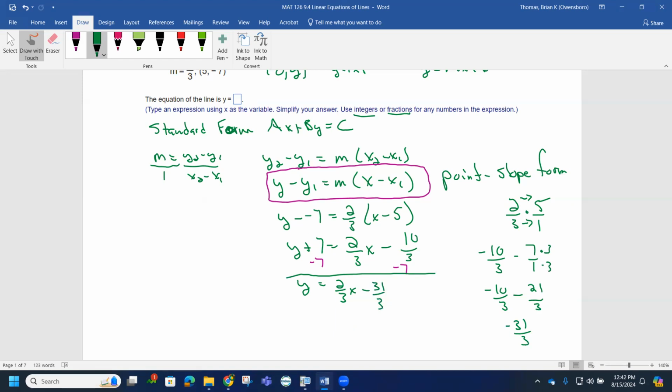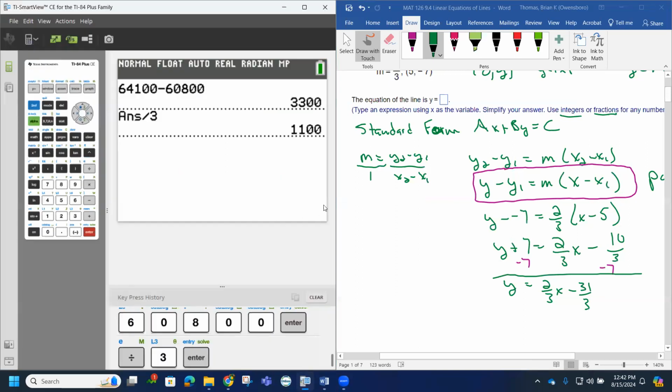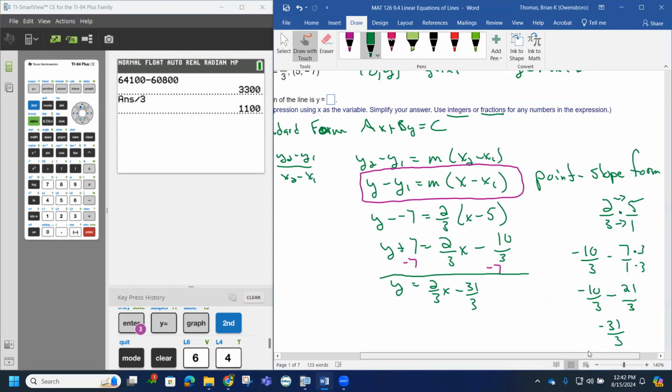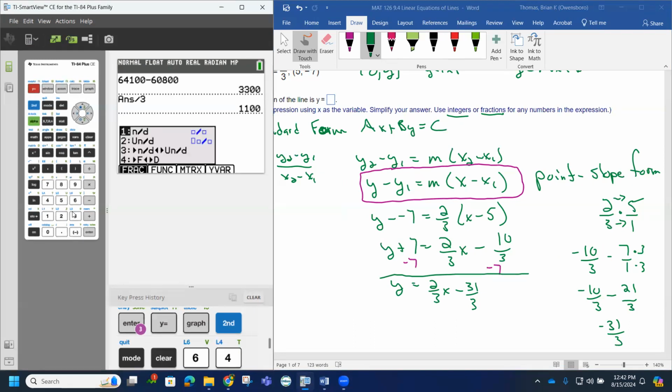Now, if you want to use your calculator, you can. What we're trying to do is negative 10 thirds minus 7. If I want to type that into the calculator, remember this F1 has a special menu, and those F1's in green.